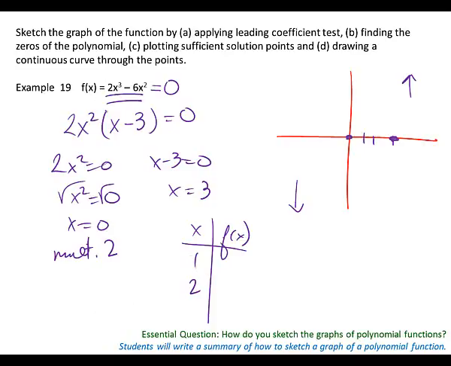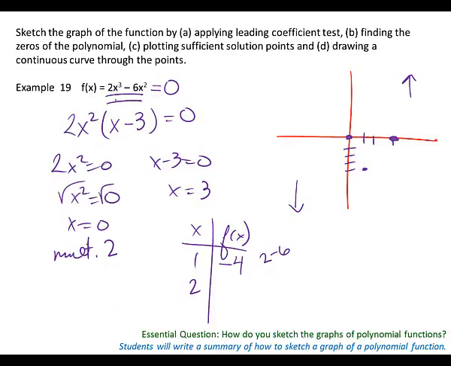So when I put in a 1, what's 1 cubed? 1. Times 2 is? 2. Notice I put a little scratch work there, right? 1 squared is? 4. Times negative 6 is? So 2 minus 6. So I know I have a point at 1, negative 4. All right.